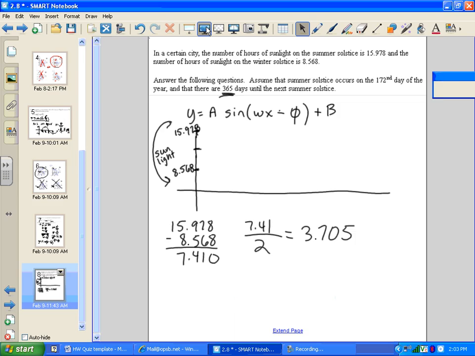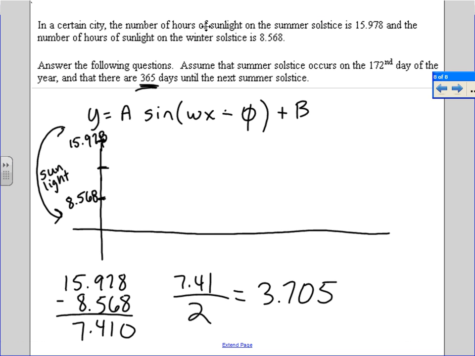So now this distance halfway from there to there would be 3.705. See if you can figure out what that is representing. That would be the amplitude. So we have actually just figured out the amplitude by drawing the graph.